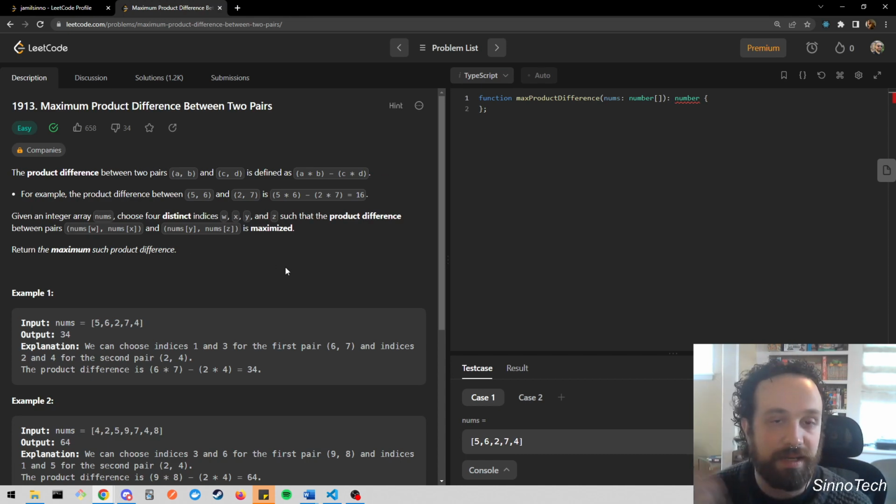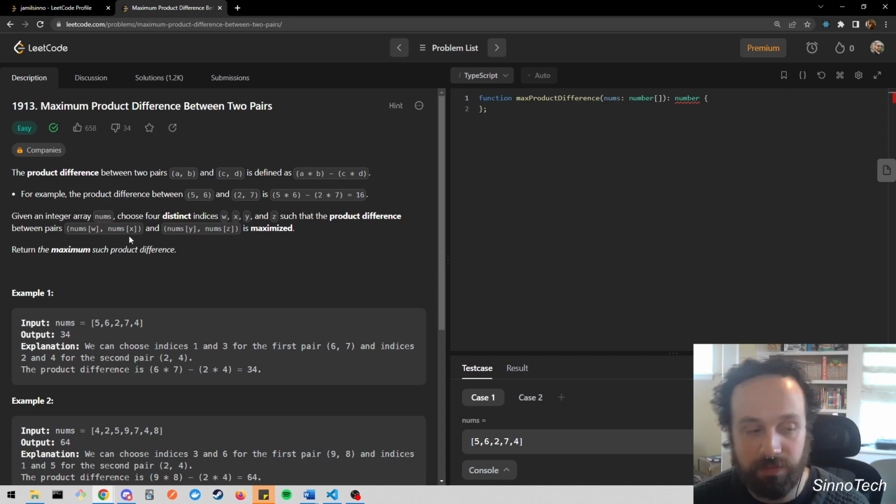So, it's kind of hard to understand what they're trying to say here, but essentially they want you to return the biggest difference, so the largest number that you can get by subtracting 2 of the highest numbers and 2 of the lowest numbers, okay, multiplied by each other. So we'll see this in the example.